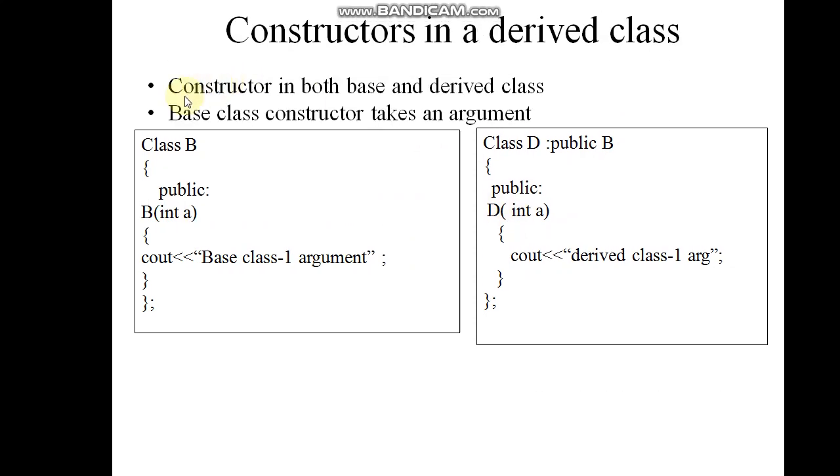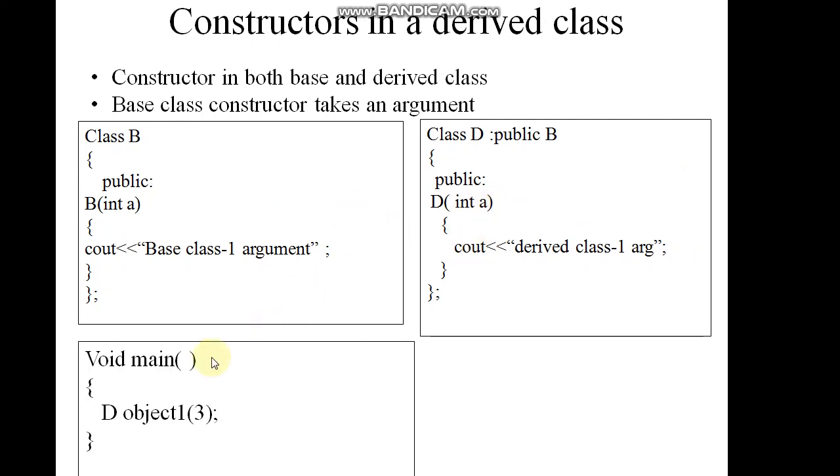Now, in this example, we have constructor in both base as well as derived class. Base class constructor takes an argument. Then it is the derived class constructor's responsibility to pass this argument to the base class constructor, which is not done here.